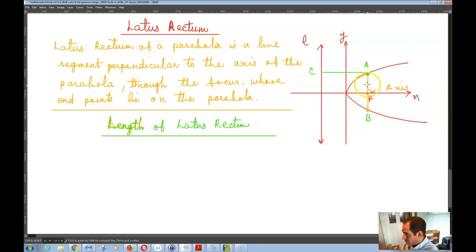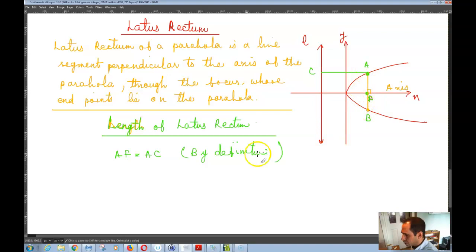And I know that AF, where this point is F, is equal to AC by definition. By definition, these two lengths are the same.